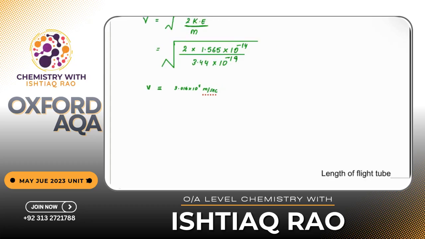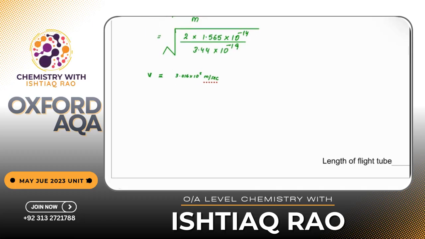And then for the D, V is equal to D over T. So D would be equal to VT.